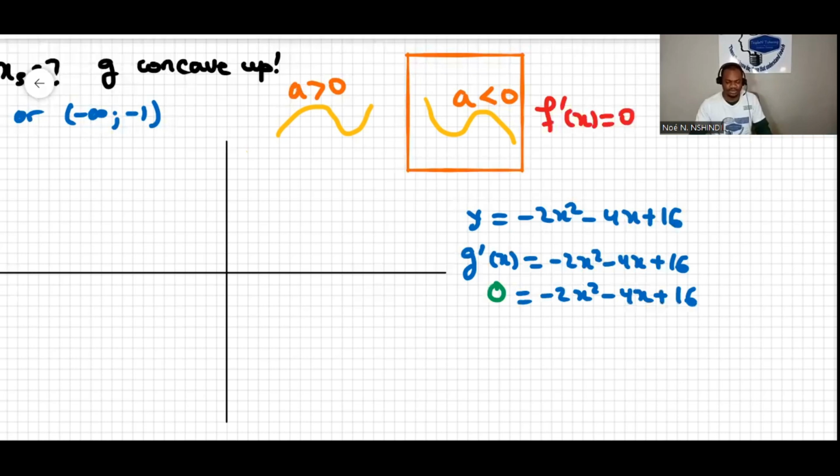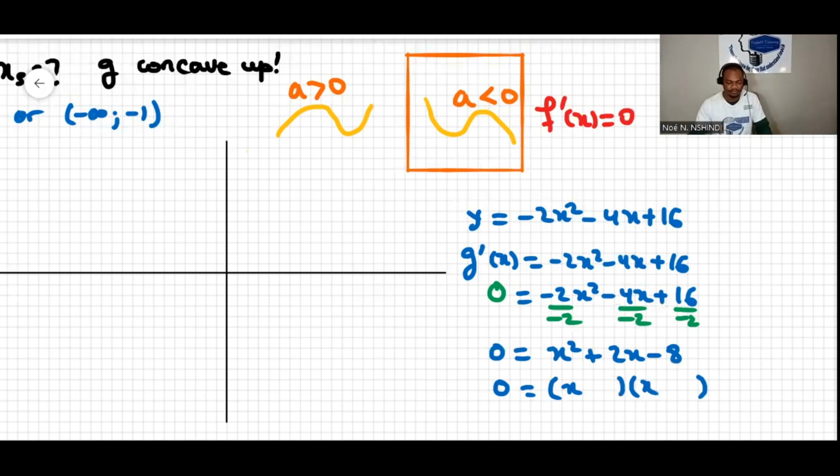I don't know if we calculated this earlier, but let's just do it. We can divide each term by -2, and then we will have 0 equal to x squared plus 2x minus 8. Now we can factorize this. I look at the constant term, -8, and the terms must be +4 and -2.